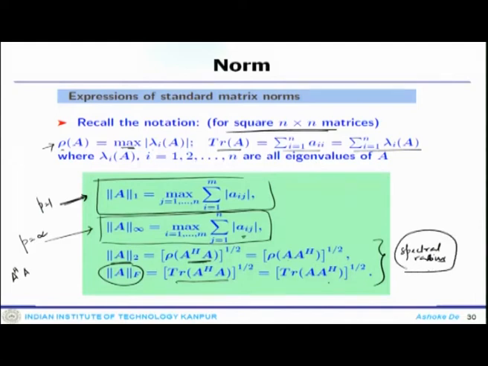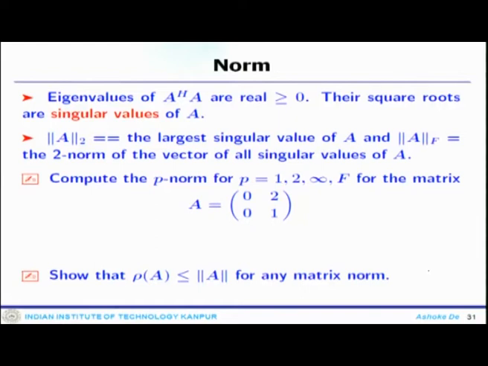So, using that information you can represent this in this particular format. What information does one have to have? That the eigenvalues of A Hermitian A, which is a product of matrices, are real, that means they are all greater than or equal to 0.